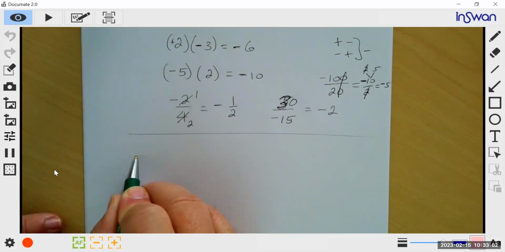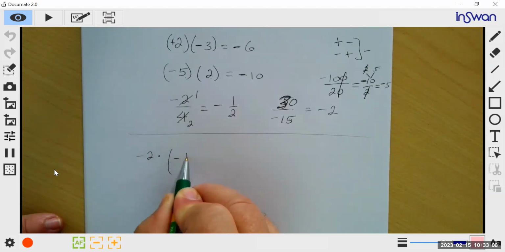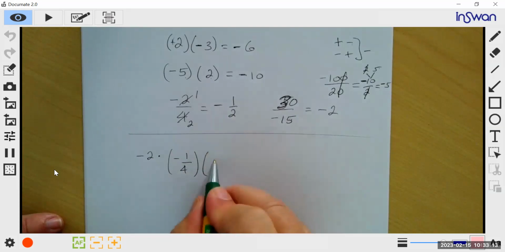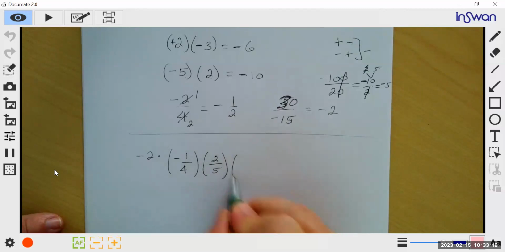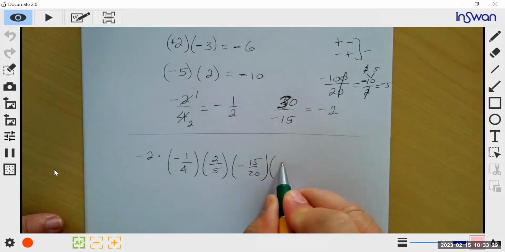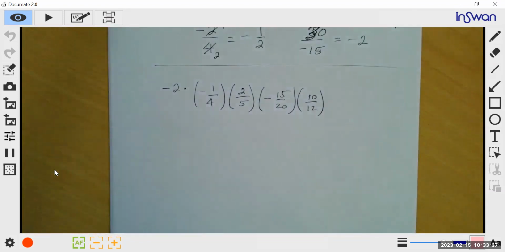Let's combine these. Don't worry about the size of this, because remember we talked about how you solve fractions first.